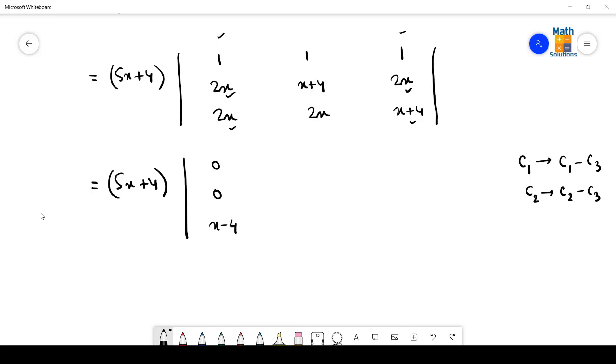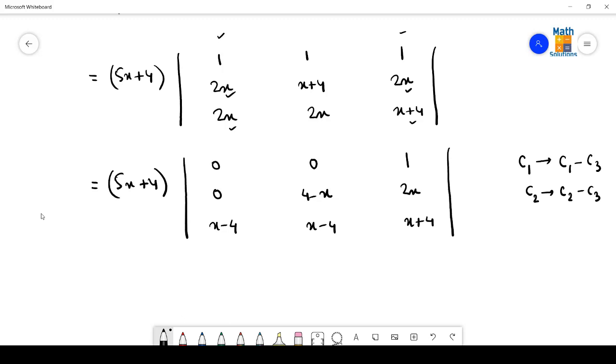After that, along C2, we are going to write C2 minus C3. So here again 0, then x plus 4 minus twice x, the result will come as 4 minus x, and in this case again the result will be x minus 4. The third column will remain as it is, like 1, twice x, then x plus 4.